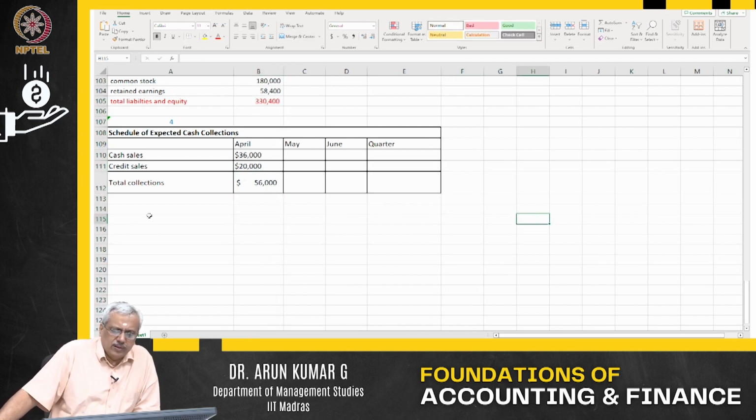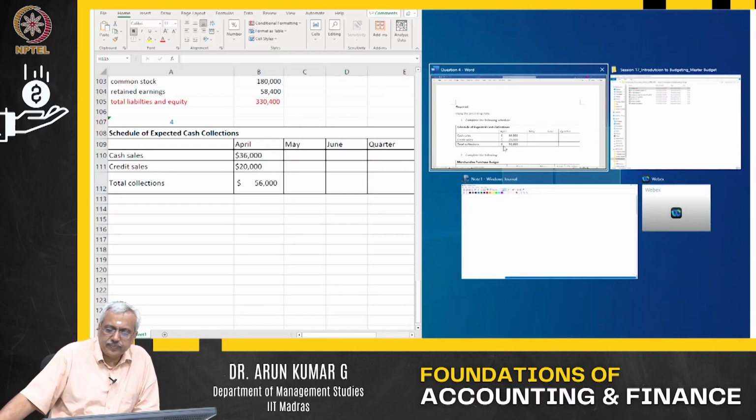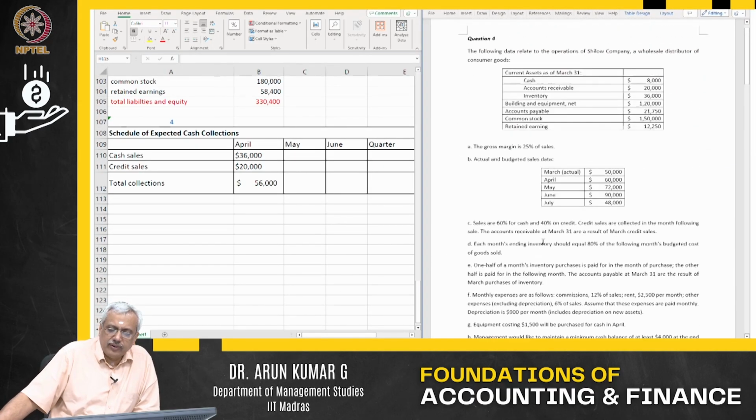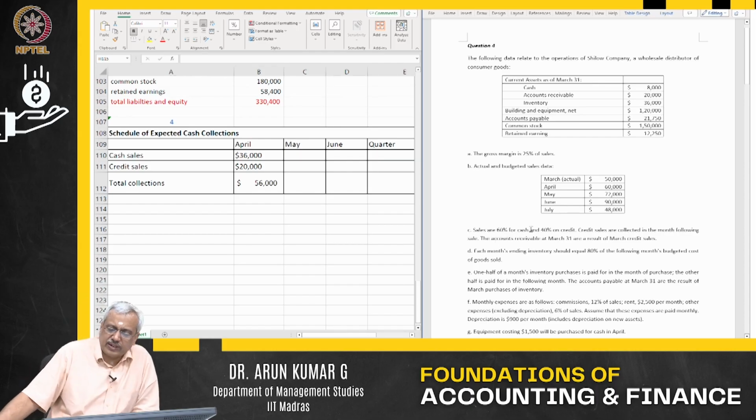Now, let us look at the schedule of expected cash collections. For that, let's go back and read the problem. For cash collections, it says sales are 60% for cash, 40% for credit. Credit sales are collected in the month following the sale. The accounts receivable of 31st March are a result of the March credit sales.